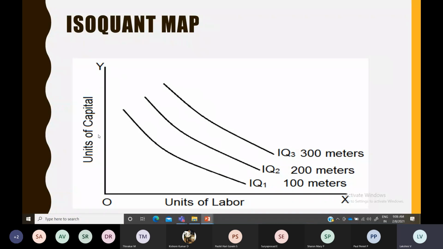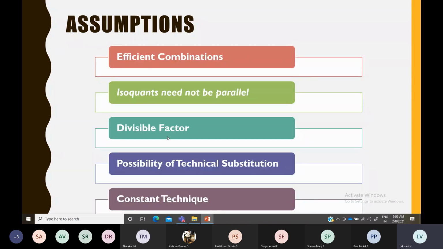Apart from that, you might use plant and machinery, finance, and raw materials, which you require for producing the product. But the point here is that only two factors you are going to use for producing the product, and even if you vary them, it should give the same level of output. That is the isoquant curve actually.